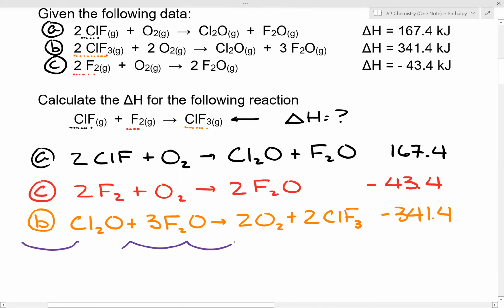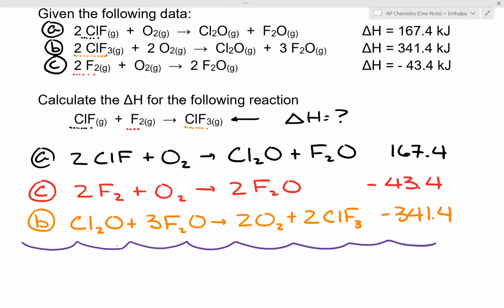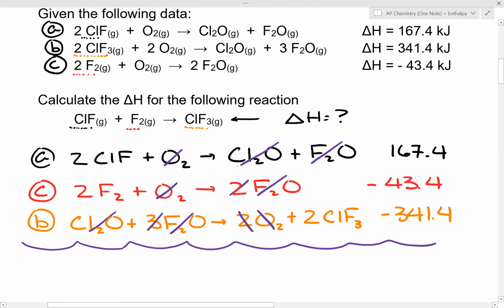Now, how do we combine this? We cross out similar chemicals from both the reactants and the products. If they're on opposite sides of the equations, we cancel them out. So I have oxygen, which cancels out these two oxygens on the products. We can cancel out the 3 F2Os, and the other one is the Cl2O.